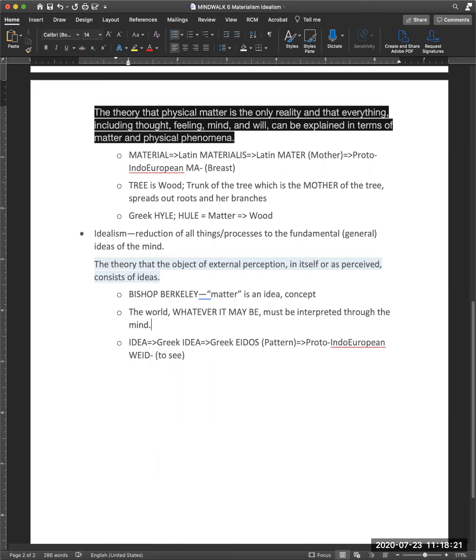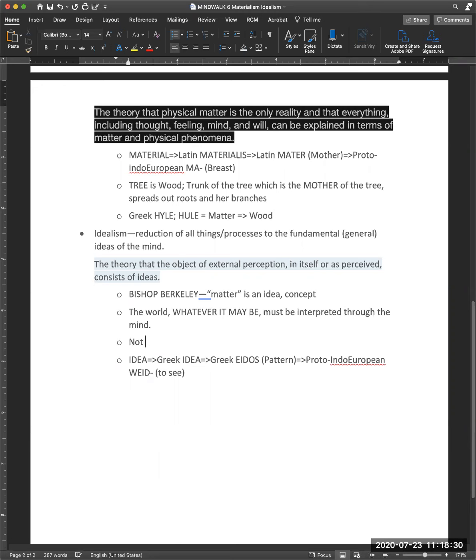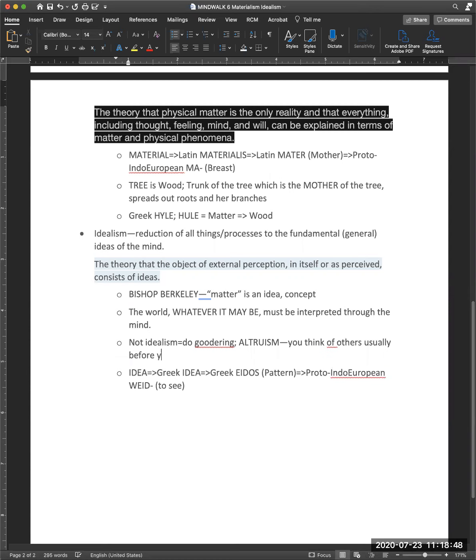And the only reason I say that is because really what you're talking about there is not idealism, do-goodering, whatever, right? A real better word for that is altruism, which means you think of others, usually before you think of yourself.